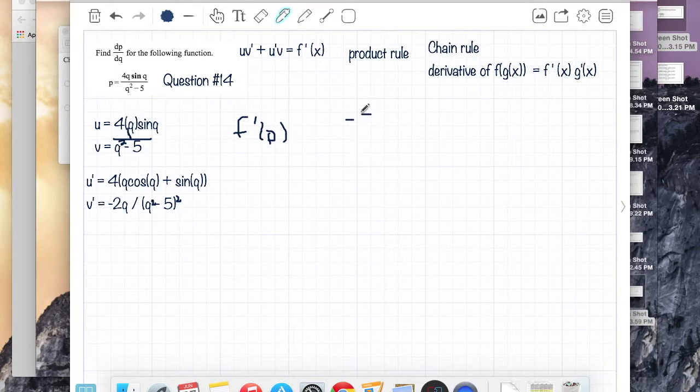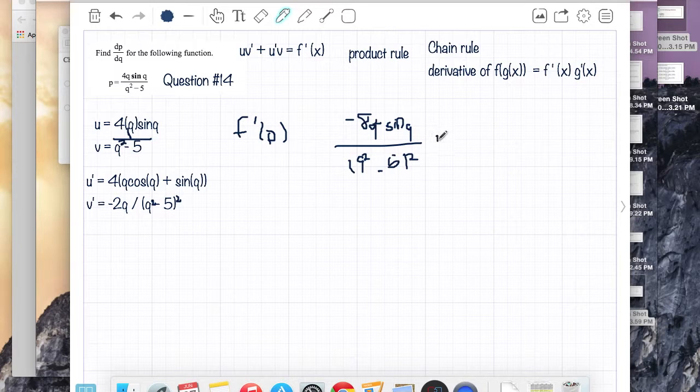We get minus 8q squared sine q divided by q squared minus 5, all squared. Okay, so that's the first part.